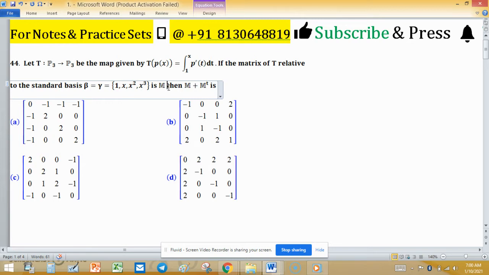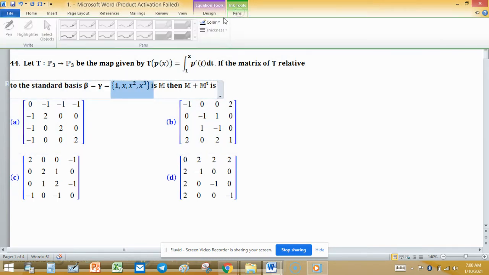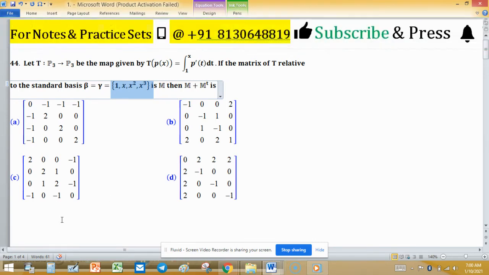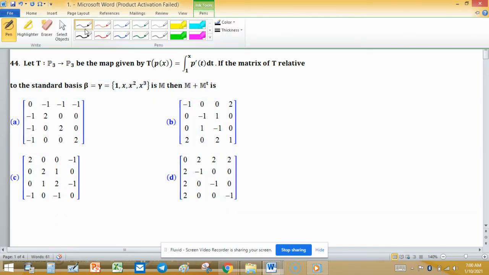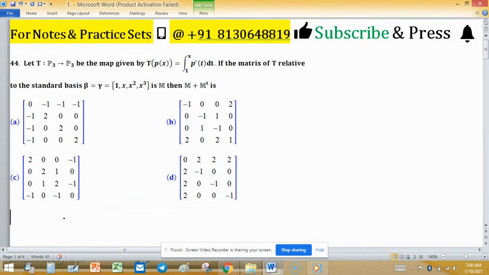So each element, either domain or codomain, can be written as a linear combination of this set. First basis element is 1, and 1 can be written as 1 into 1 plus 0 into x plus 0 into x square plus 0 into x cube. Apply T on it.